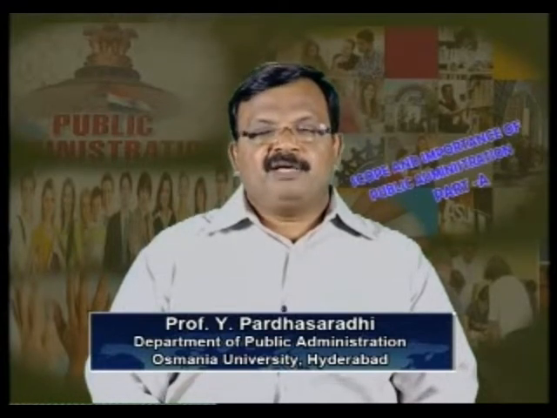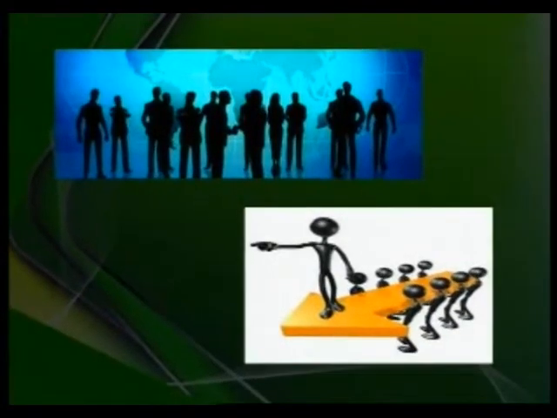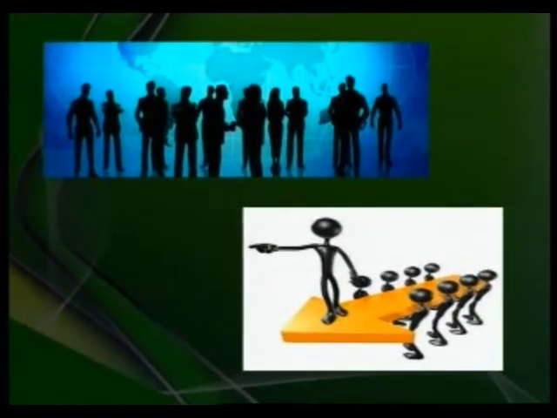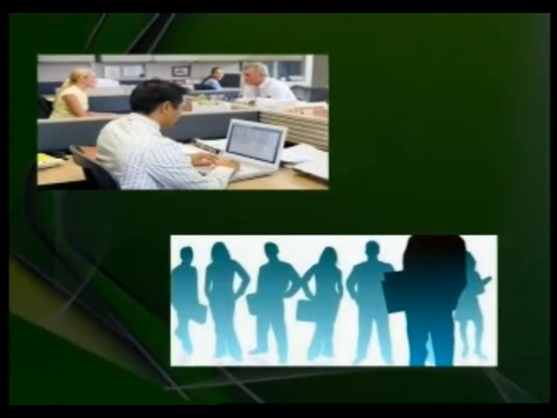Second, we have learned what the important features of developing societies are. Number one, we spoke about employee personnel management, national character of administration, constitutional frame, how the public administrators are working under the permanent executive, and how these permanent executives are working under the political executive.